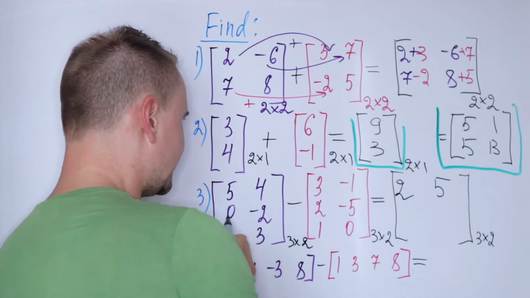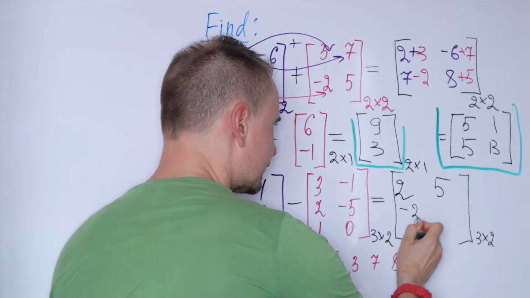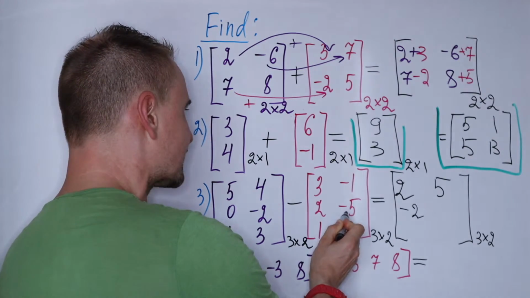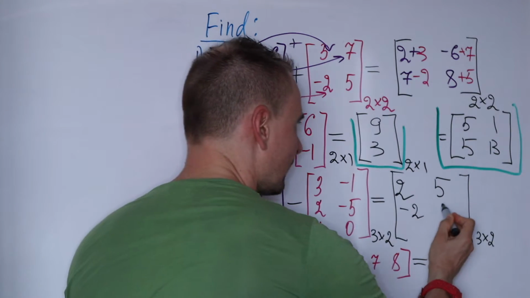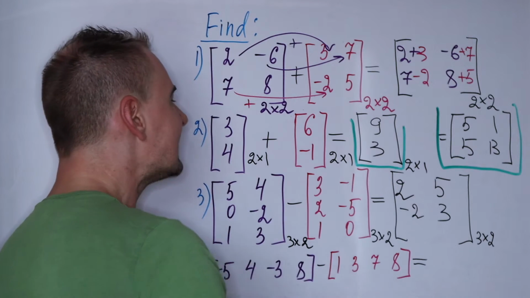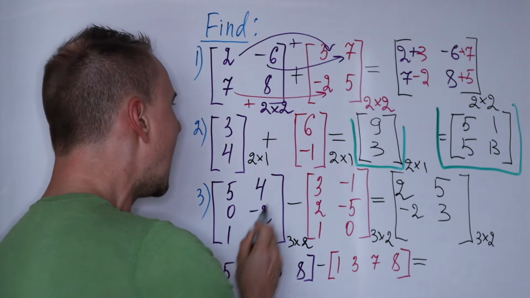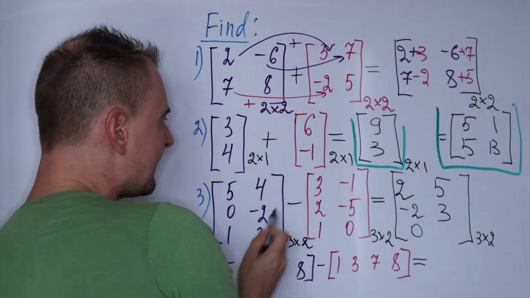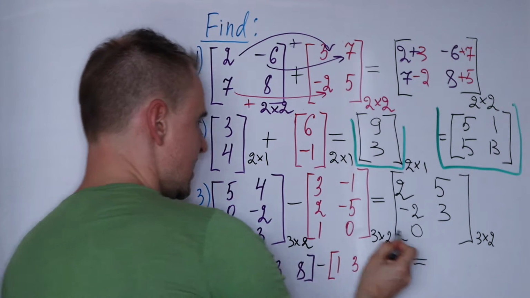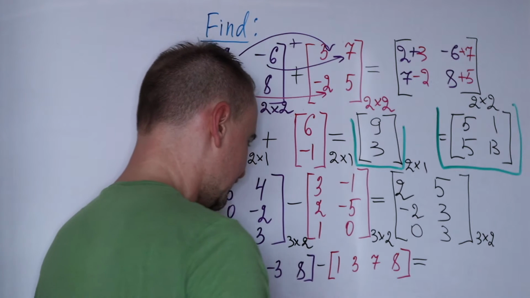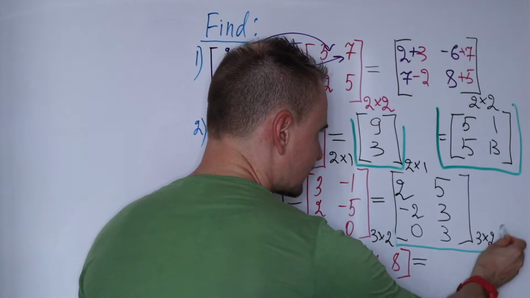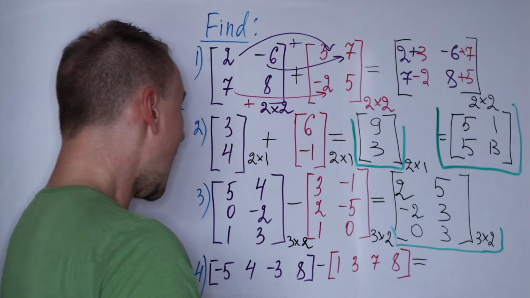The second row, 0 minus 2, negative 2, and negative 2 minus negative 5 becomes 5 minus 2, which is 3. And finally, the last row, 1 minus 1 gives you 0, and 3 minus 0 gives you 3. That's your final resulting matrix for that one.